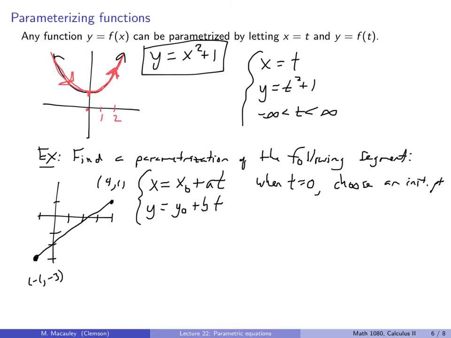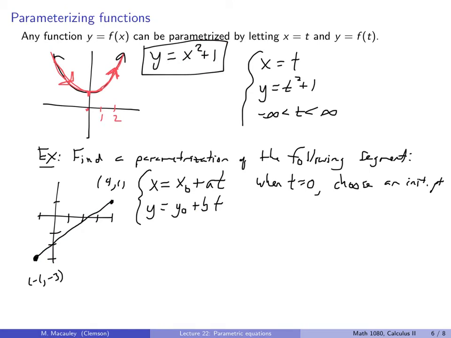So first of all, notice when time equals 0, both of these things go away. So the initial point is staring at you in the face right here, x naught, y naught. Because again, plugging in 0, these things both go away.